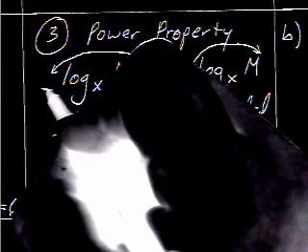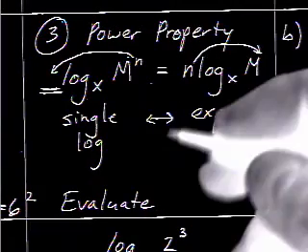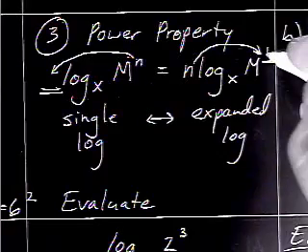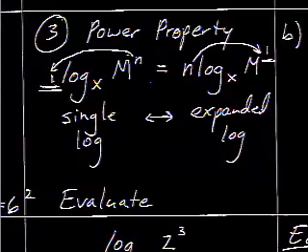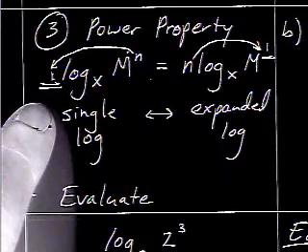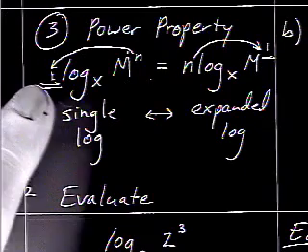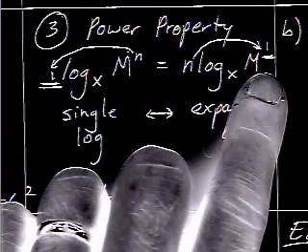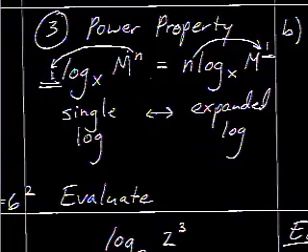Notice that the coefficient right here is a 1 in the single log form, whereas the expanded log form has a 1 up there. Okay, so if we said single logarithm, you would know that you would have to have a coefficient of 1, whereas if you had an expanded log, you'd have to have an exponent on your argument of 1.